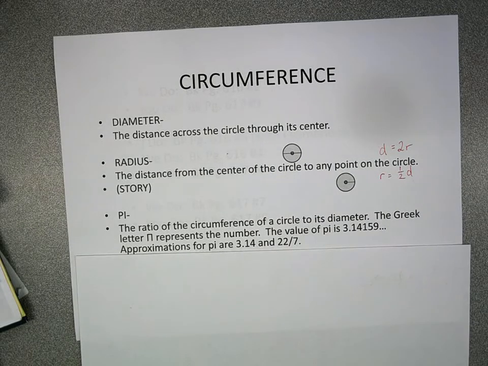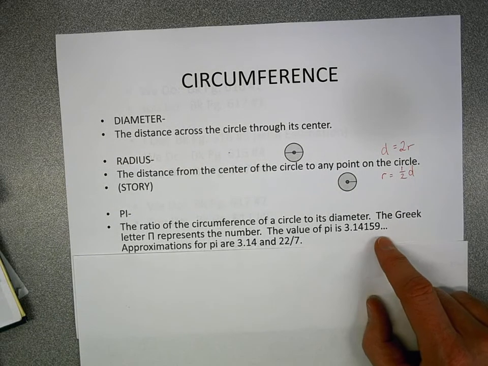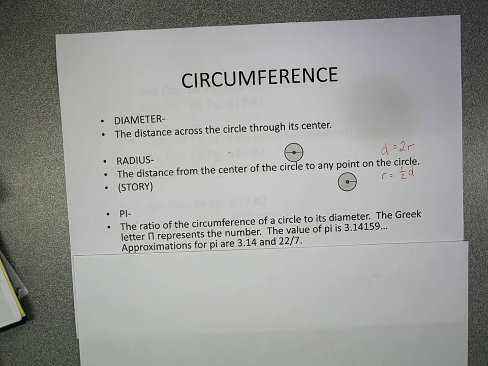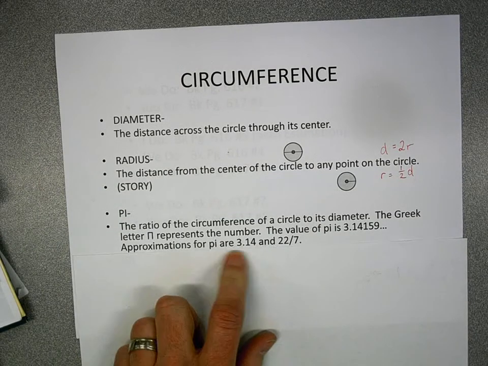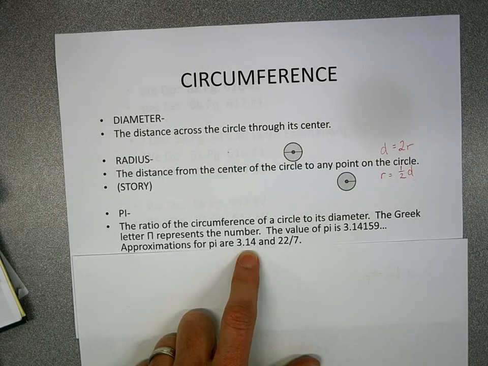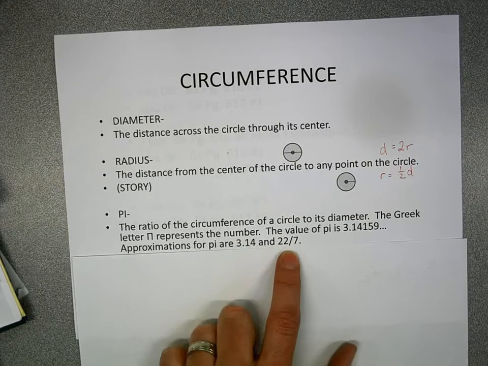The value of pi is, and they state it as 3.14159..., meaning, guys, this is an irrational number. It actually goes on forever. And it goes on to say approximations, meaning rounded guesses for pi, that we use are 3.14 and 22/7. Say, well, Mr. Wilkins, where'd that one come from?